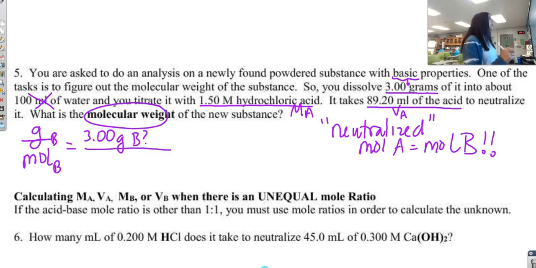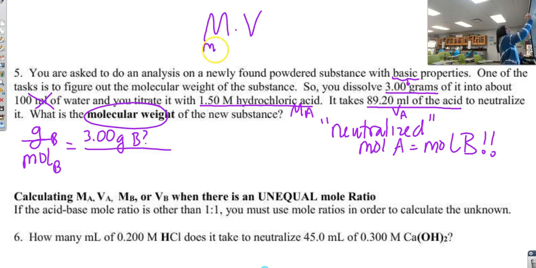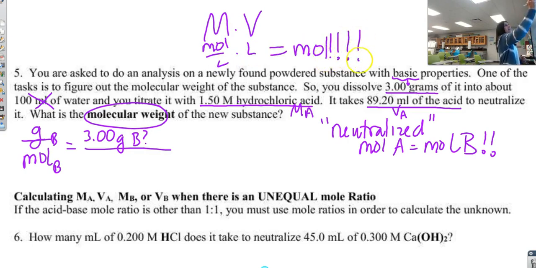In this case, it says that we dissolved 3 grams. I already took care of that, but now I can see I have a MA and a VA. And if you remember, molarity times volume, which is moles over liters times liters, will give you moles. So keep that in mind. Don't forget that. M times V, or molarity times liters, gives me moles.